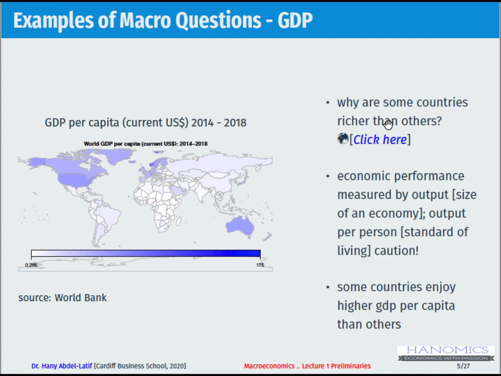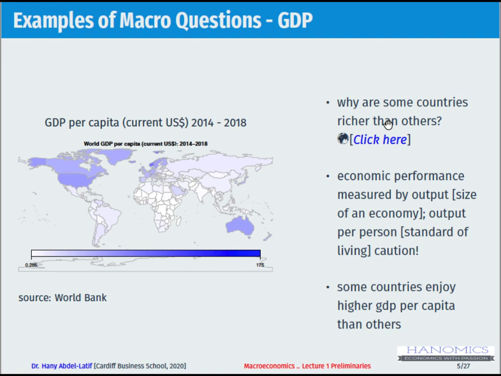So what you can see here is, as I said, one of the important things that we are interested in in macroeconomics. We want to understand why country X is richer than country Y, for example. So one way to measure economic performance is to look at how much output a country produces, and based on that we can get some indication about the size of the economy. We could also look at the output per person, and that should give some indication about the standard of living in a given country.